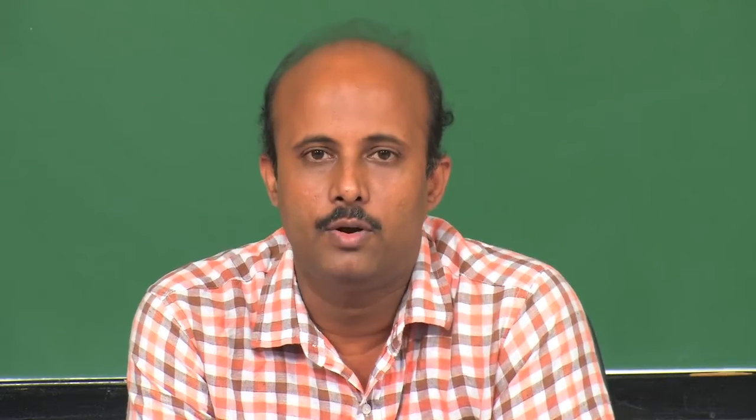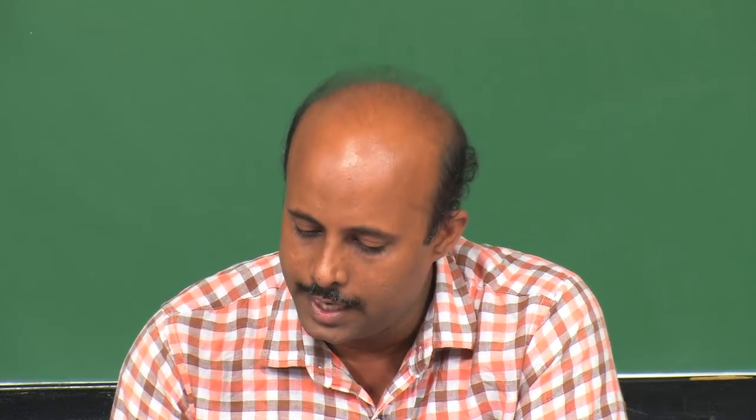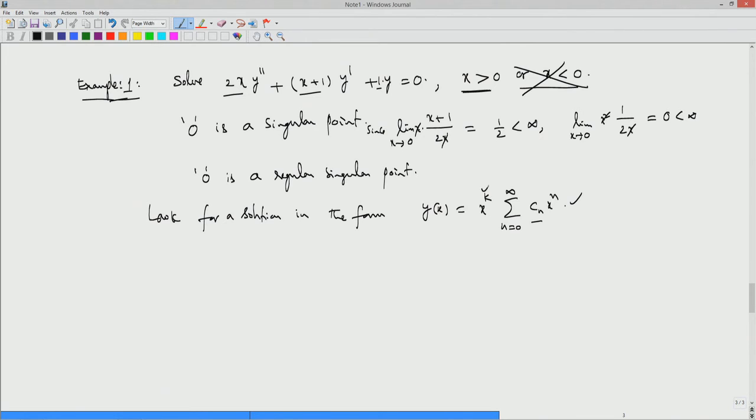Here also you can show that if you look for a solution in this form and substitute, once you find this constant Cn and this k, this power series converges uniformly and absolutely. Since 0 is the singular point, for x positive, this power series is convergent uniformly and absolutely on any closed interval within the positive axis.